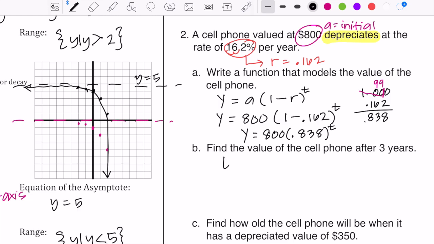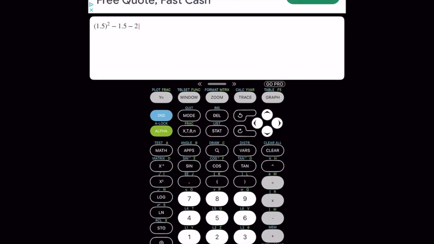So that tells us that t equals 3. So we just take our equation and put it to the third power. So we have 800 times 0.838 raised to the third power.